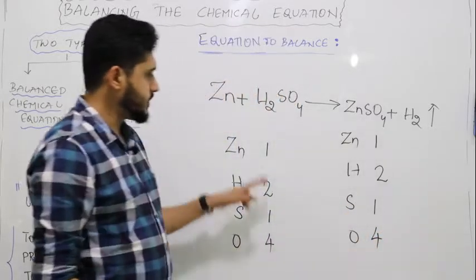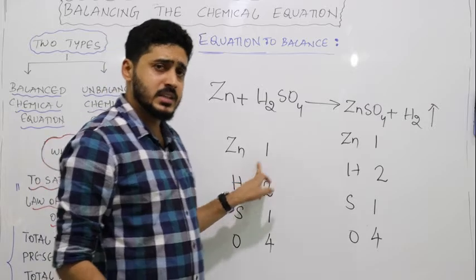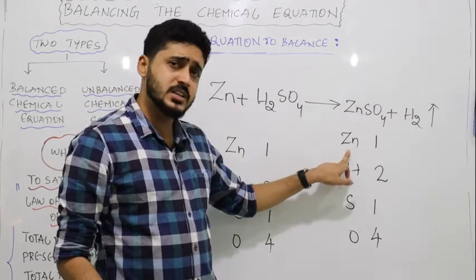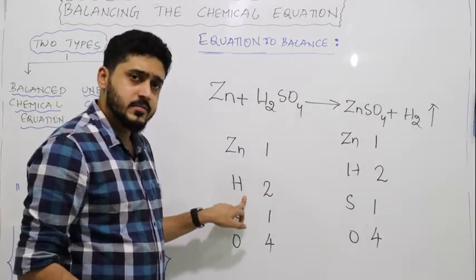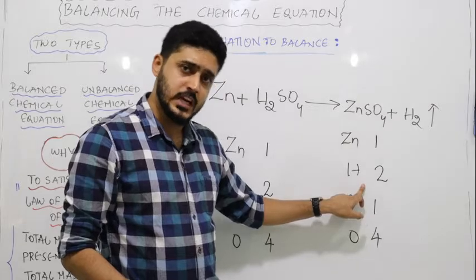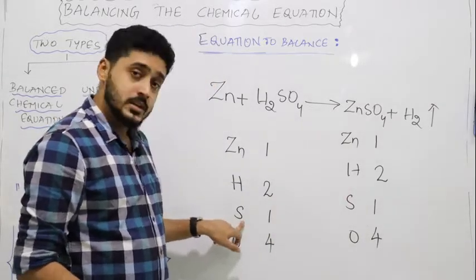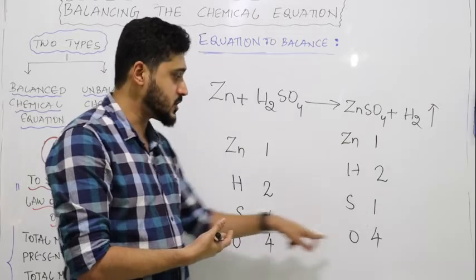Now, is the number of atoms of zinc in the reactant equal to the number of atoms of zinc in the product? They are equal. Hydrogen atoms in the reactants, are they equal to hydrogen atoms in the product? Equal, 2. Atoms of sulfur are also equal, and atoms of oxygen are also equal, 4.